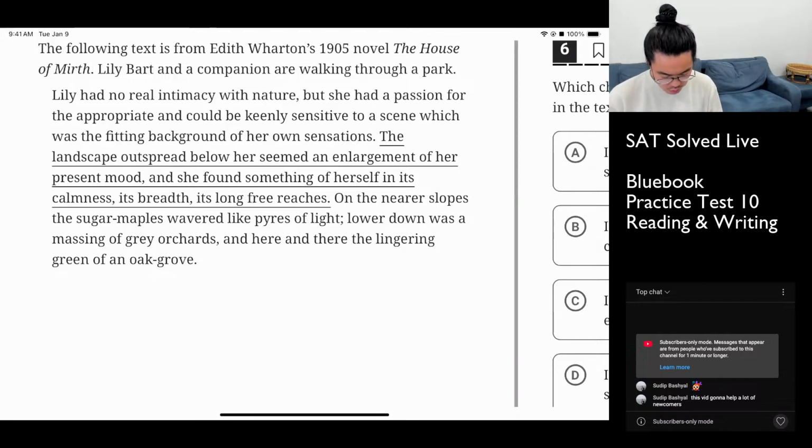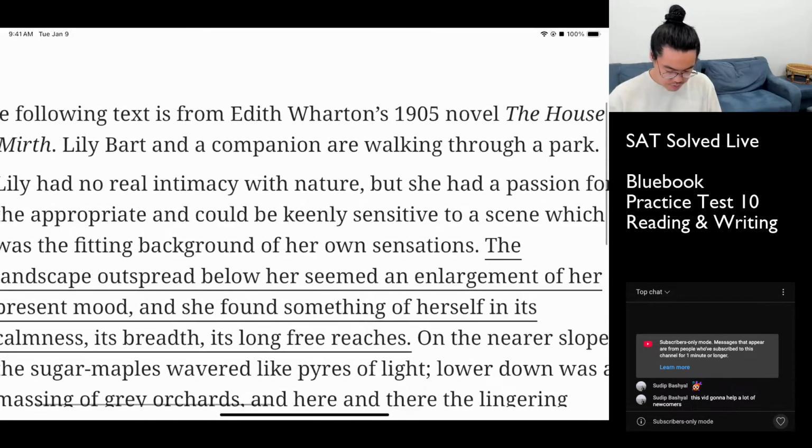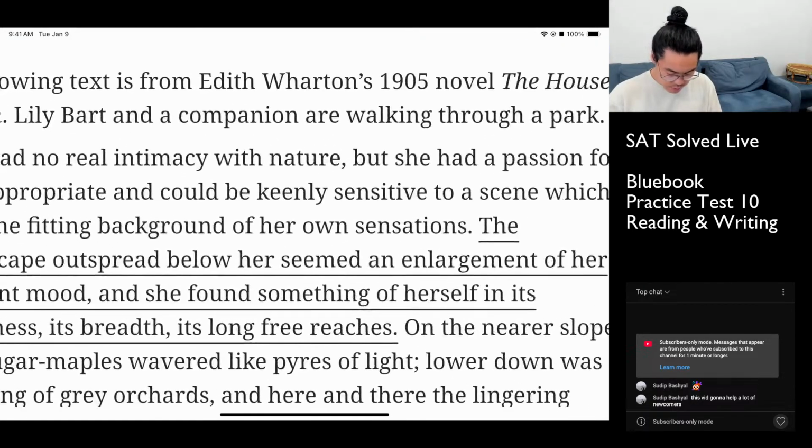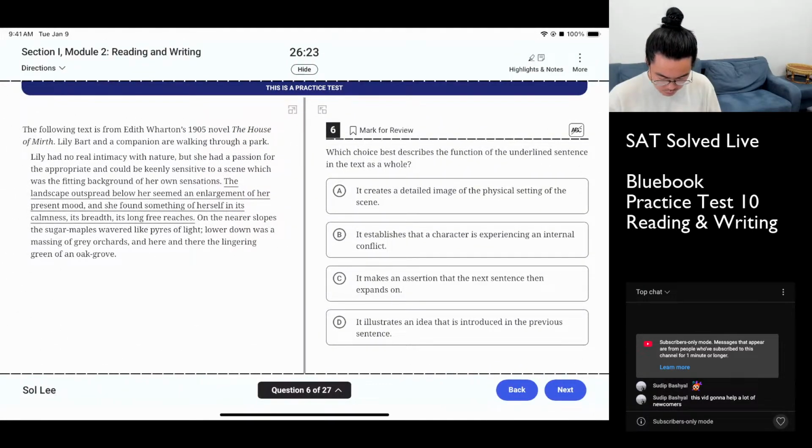She saw her feelings in the nature. Okay. So this is just an elaboration of the previous sentence, I guess. This is illustrating how this is true. This underlined sentence illustrates how the previous sentence is true, and that is literally what option D says.